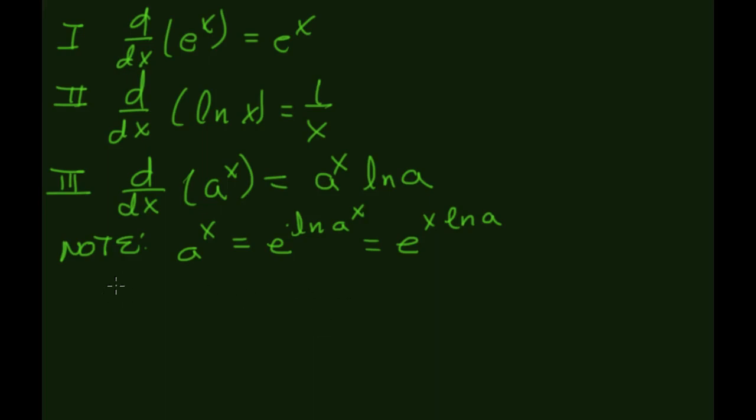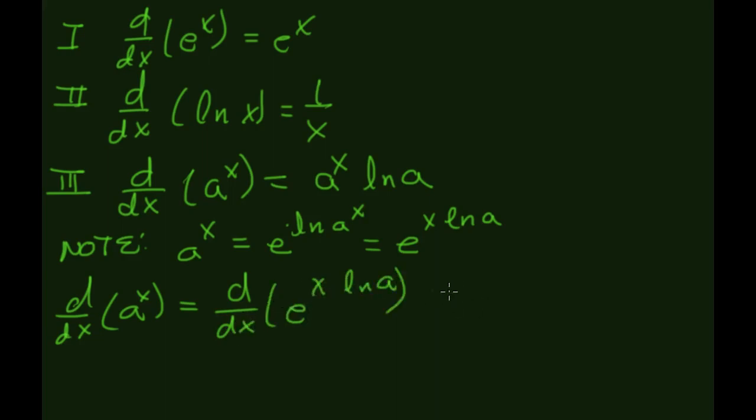And if I use my chain rule here, the derivative with respect to x of a to the x should be the derivative with respect to x of e to the x times the natural log of a, which should be e to the x times the natural log of a, times the natural log of a using the chain rule.